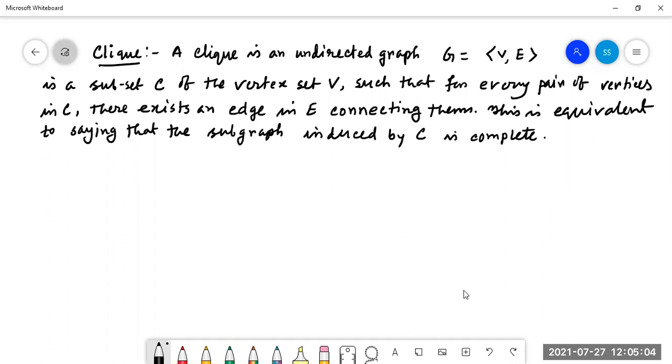Now we are going for the maximal clique.